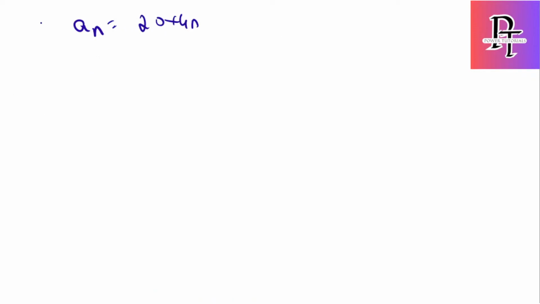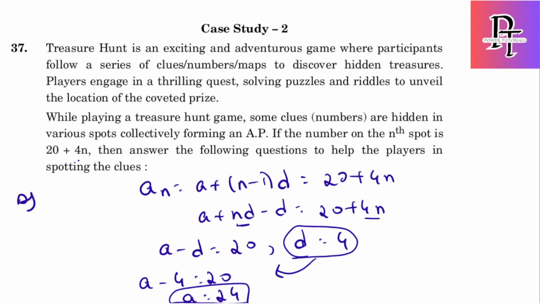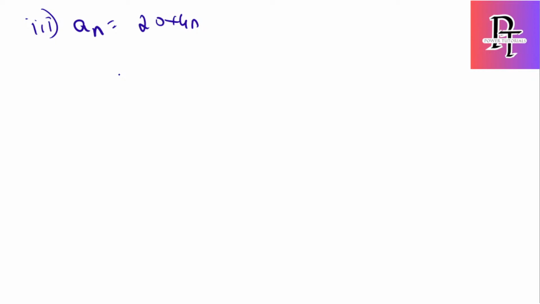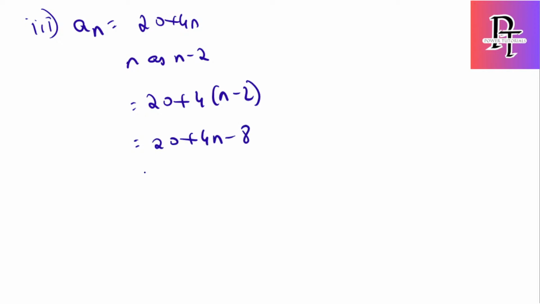They're simply asking find n minus 2 term. N minus 2 spot. So simply substitute n as n minus 2. So this becomes 20 plus 4 into n minus 2. So it will be 20 plus 4n minus 8 becomes 12 plus 4n.